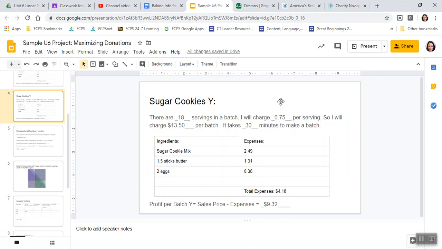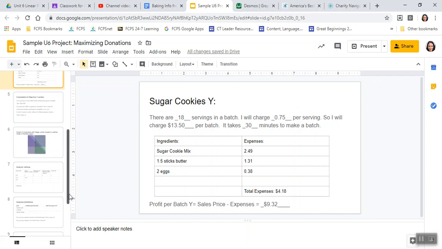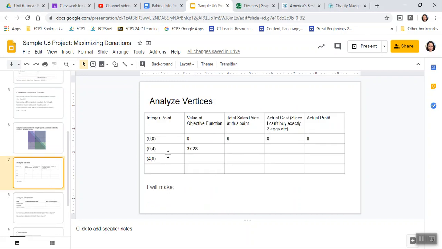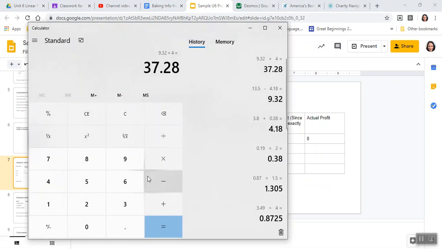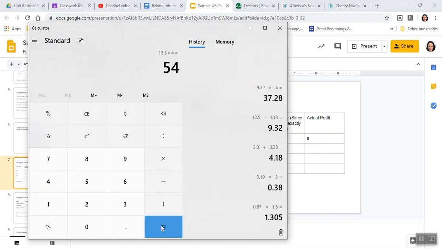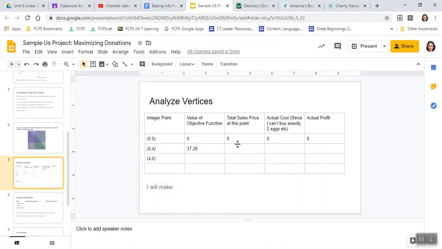Okay, sales price $13.50 per batch. So $13.50 per batch times I make 4 batches. $13.50 times 4. My total sales price will be $54. That's how much I would charge.